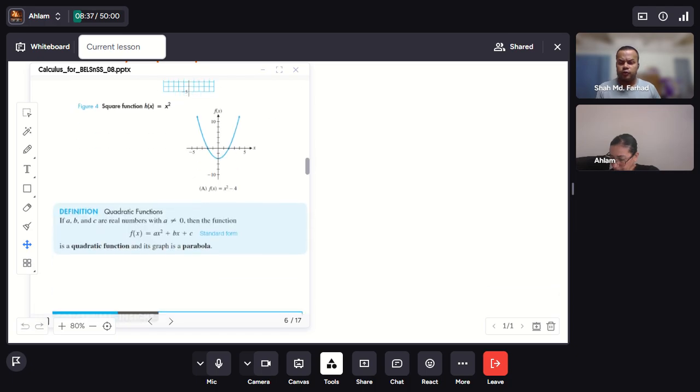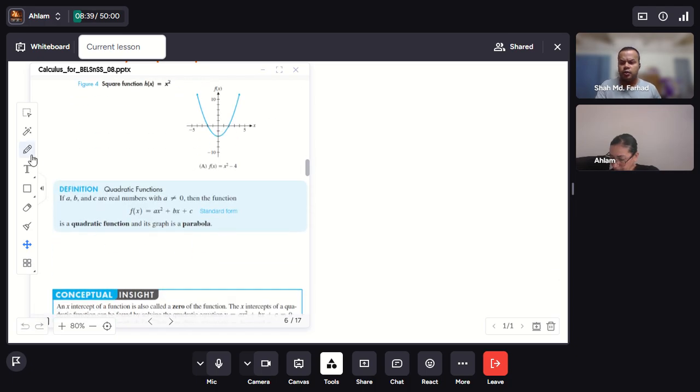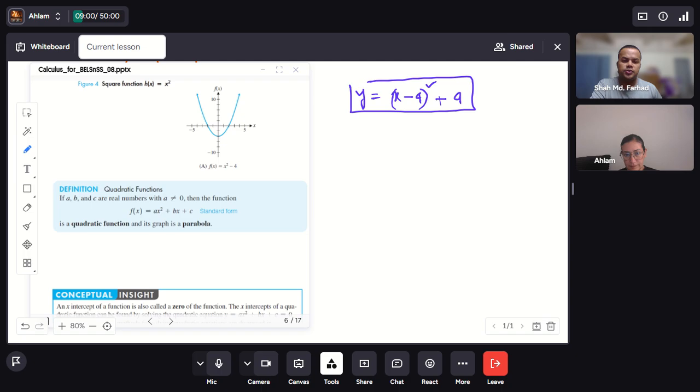Okay, if we move forward, now we are given y equals x minus 4 whole square plus 4. So what will be the graph of this one?